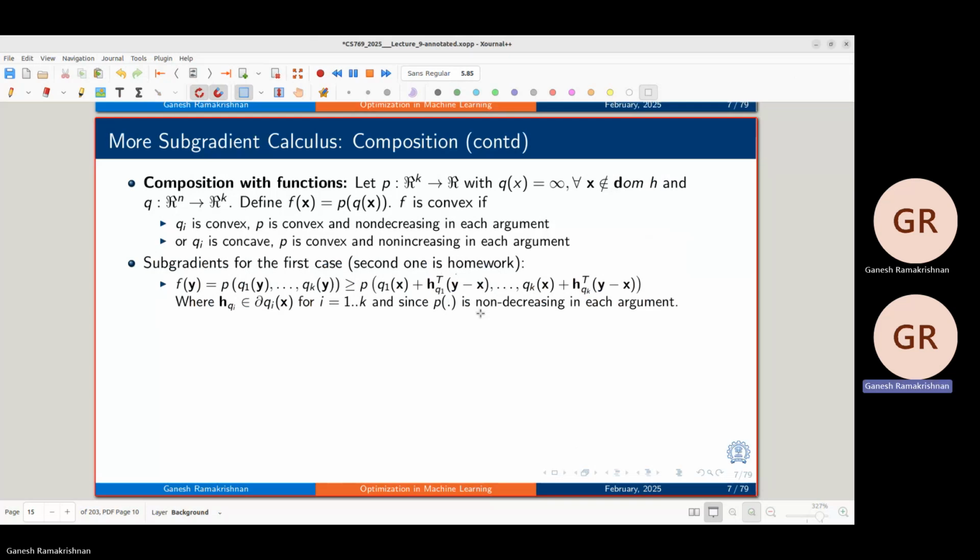The second thing we need to assume is the existence of a subgradient of P from the subdifferential. I have not shown that in the expression here, but that will come very soon.